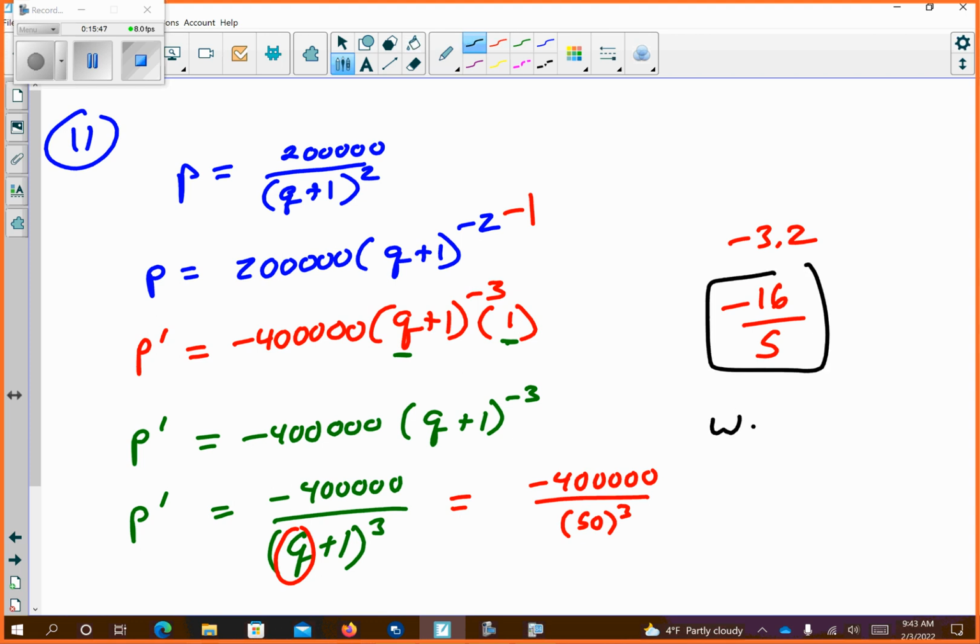So we lose $16 for every 5 units. Something like that.